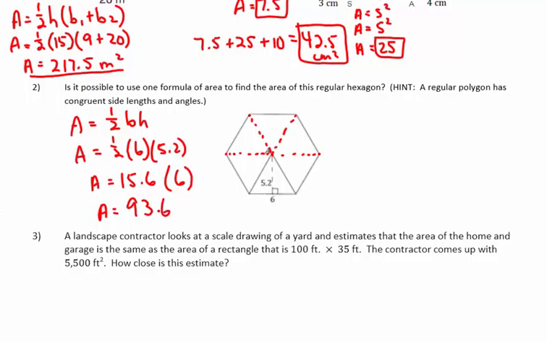It doesn't tell us what the label is, sorry, so we'll just call it units squared. So this would be the area of this whole hexagon.